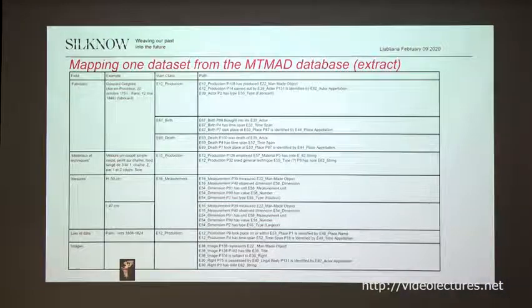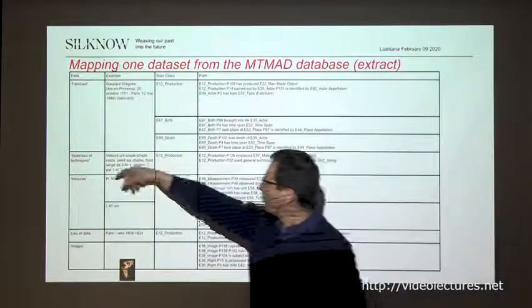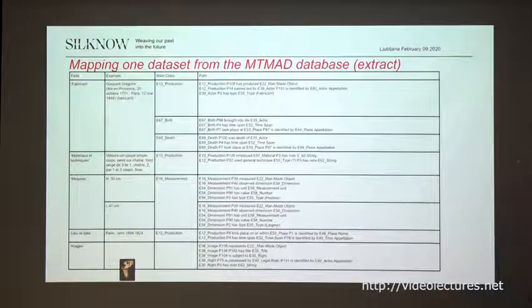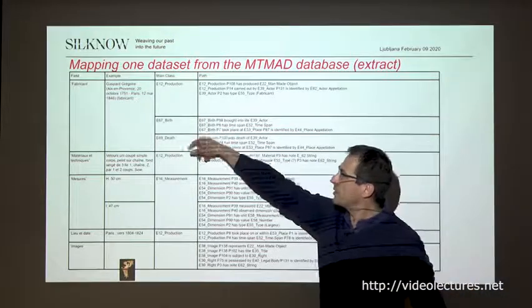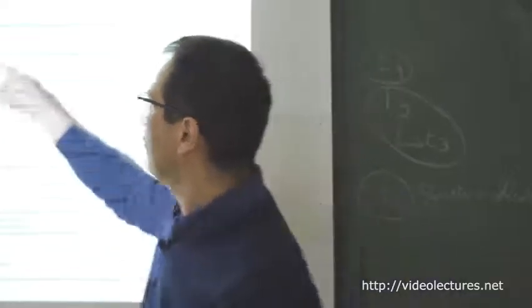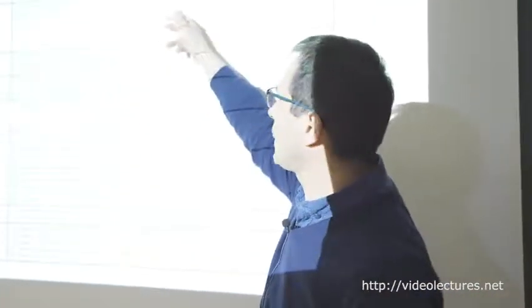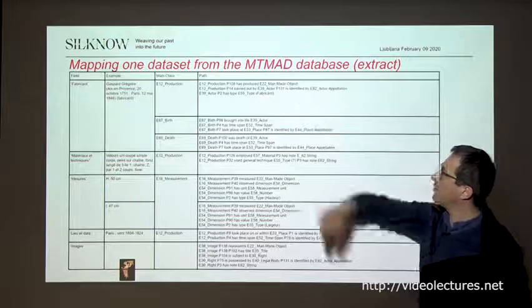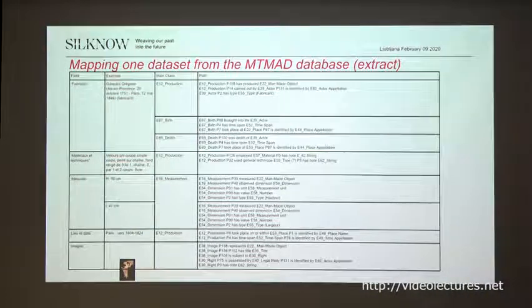So we map the dataset. You have here the fields as labeled in the museum. And here you have the main classes we use to express the information, and here we express the classes and the properties for each kind of information.